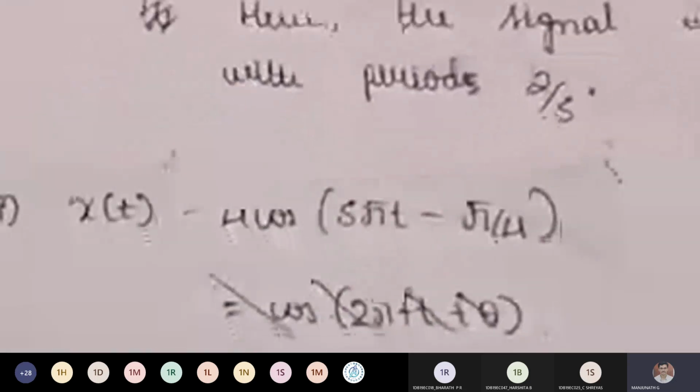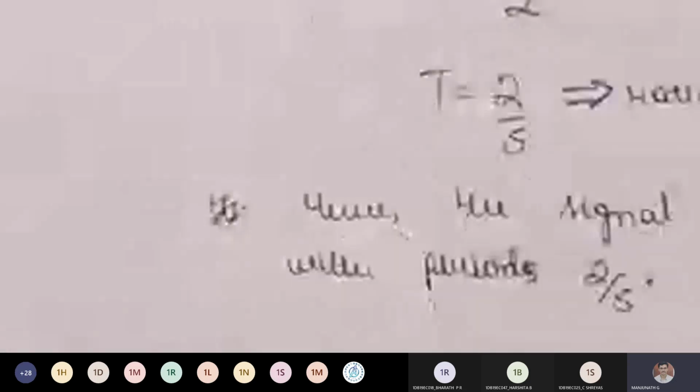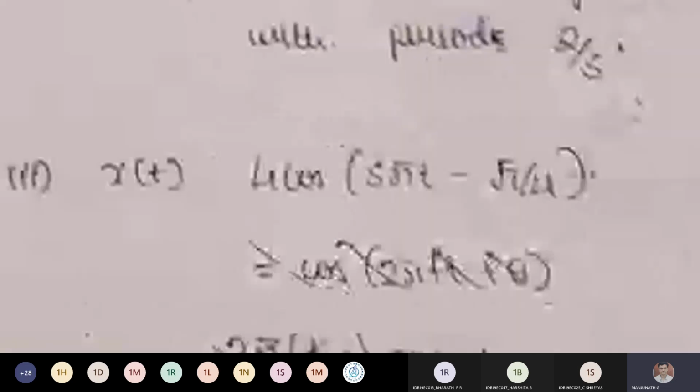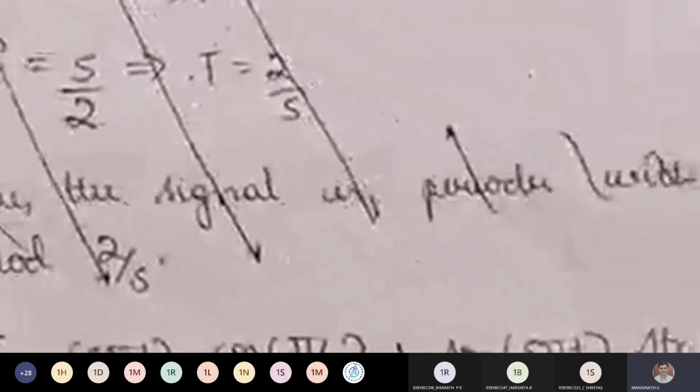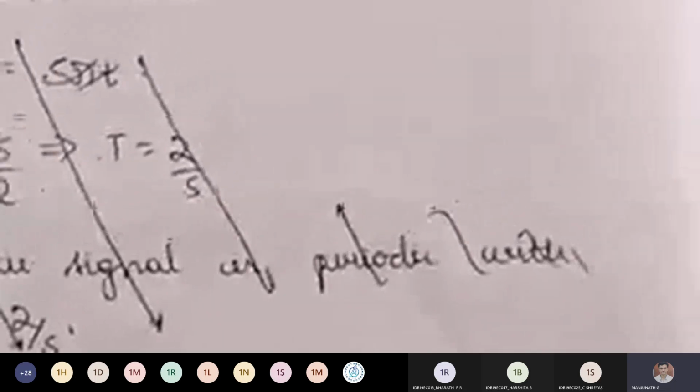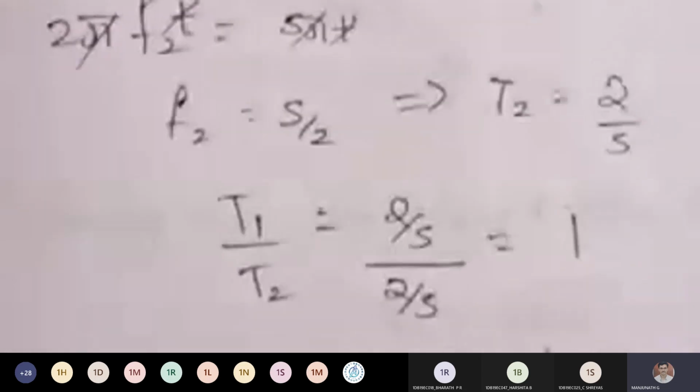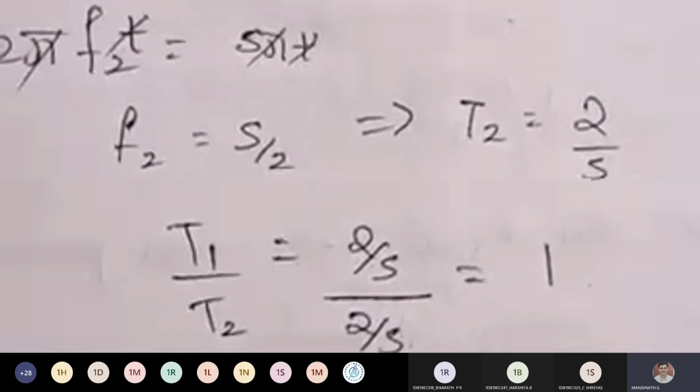Whenever you find such a problem, try to implement your trigonometric formula, everyone, and compare as your friend did. One side is blurry. Yes, sir. Okay, now it's fine.